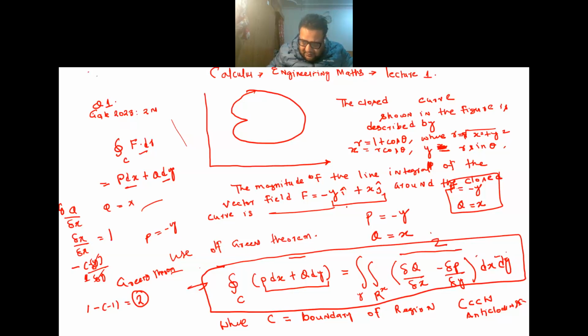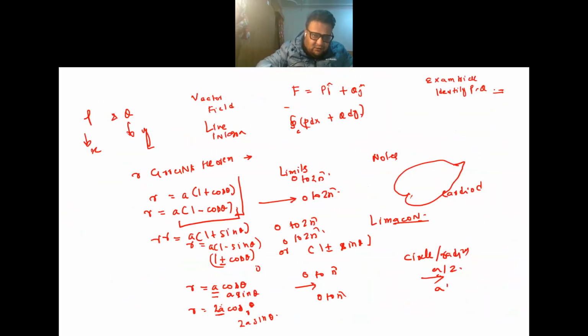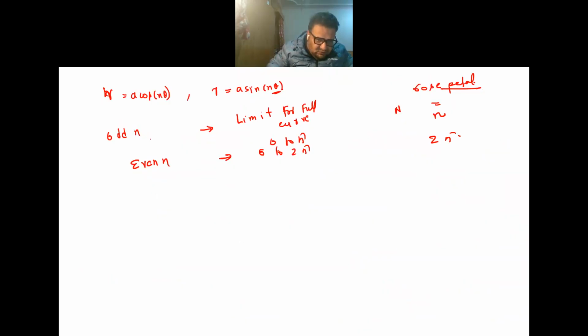Now I wrote this dx dy, which can also be written as dA. dA is the area, dx into dy, like for a rectangle we have an area. So we clearly see my line integral value, F dot dr. What is it converting into?